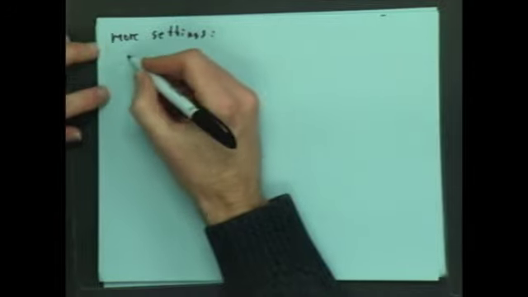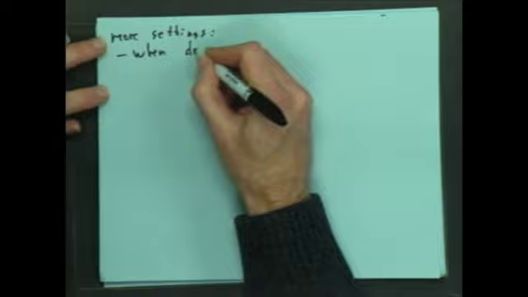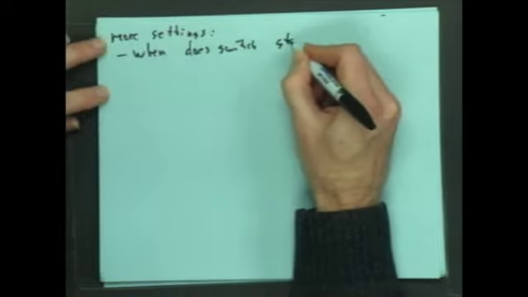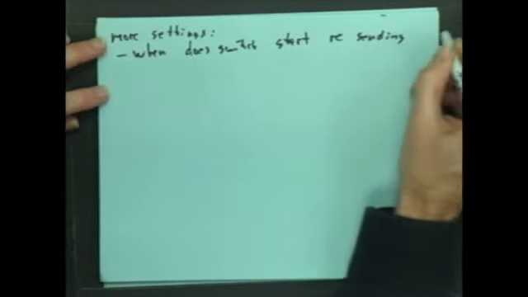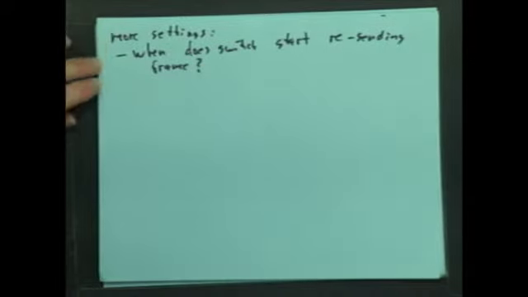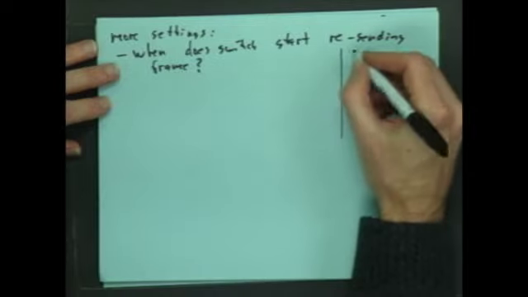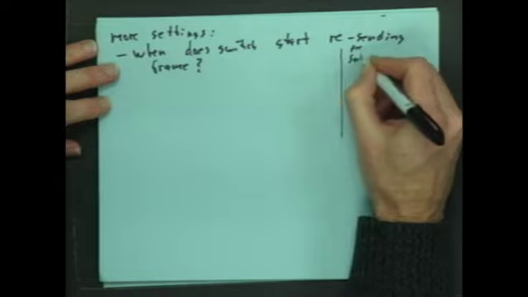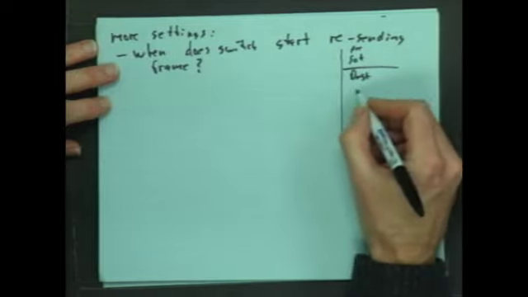The next setting is going to determine when the switch starts resending the frame. If we look at the frame, remember we had the preamble, we had the start of frame, and right here we start the destination address.